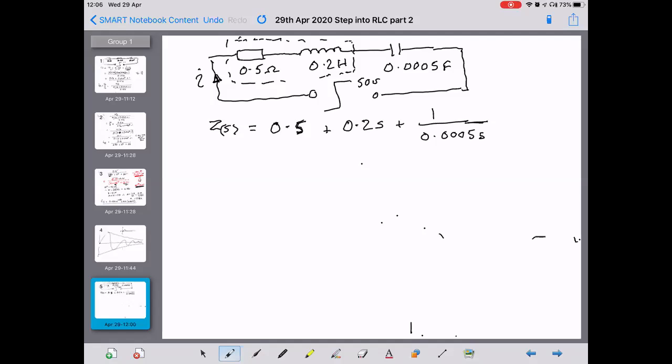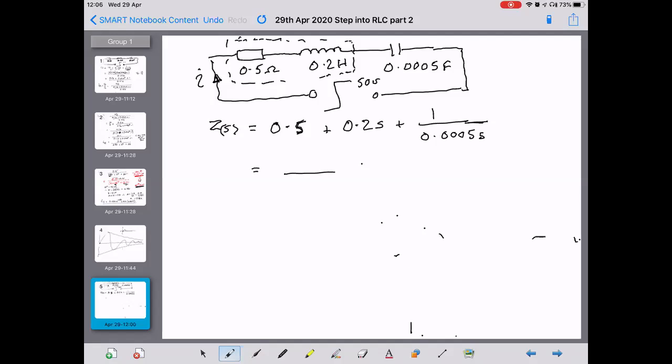Okay, so then we want to write that as one fraction with a common denominator. We've got to multiply everything by 5S.